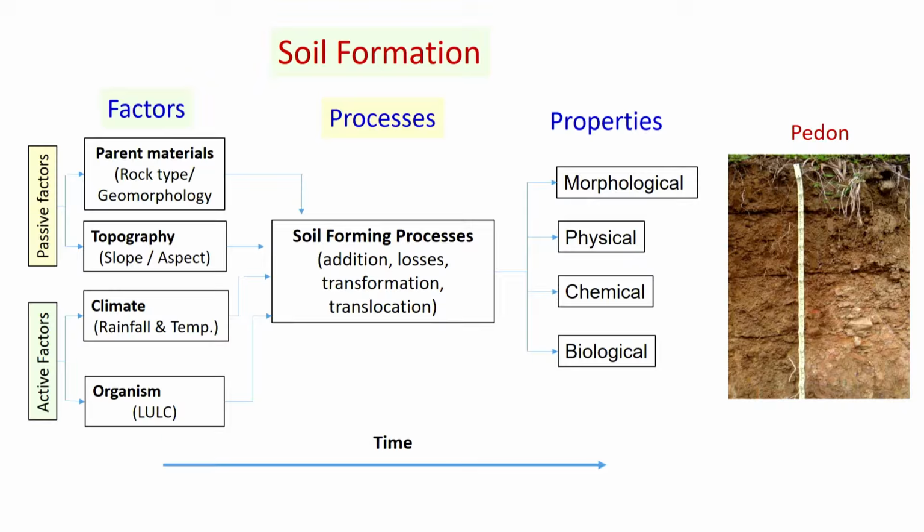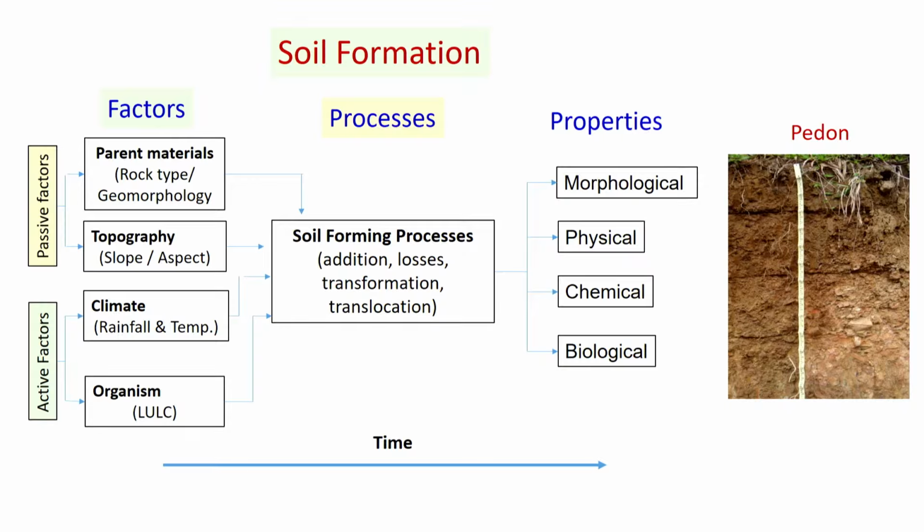structure of the soils, porosity, bulk density, infiltration rate, hydraulic conductivity; they are the physical characteristics. Chemical characteristics are the pH of the soils, electrical conductivity, cation exchange capacity of the soil, and soil nutrients: nitrogen, phosphorus, potassium, secondary nutrients calcium, magnesium, and micronutrients.